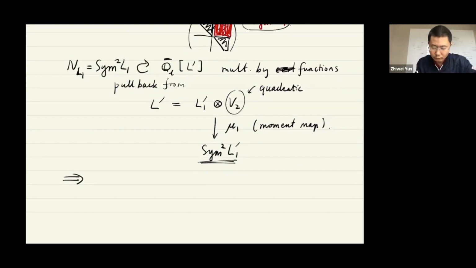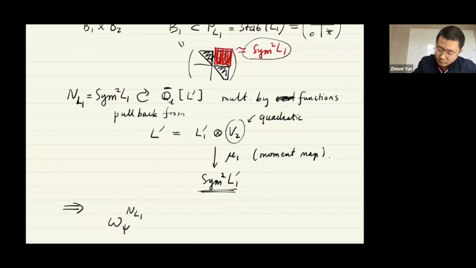It's okay if you don't follow the detail, but the upshot of this construction is this: take the Weil representation. If you just look at invariant vectors under N of L1, the invariants under this red corner, these are exactly functions on the so-called moment cone.